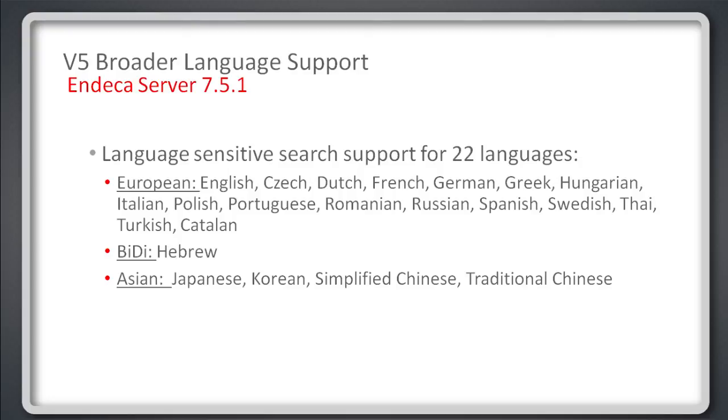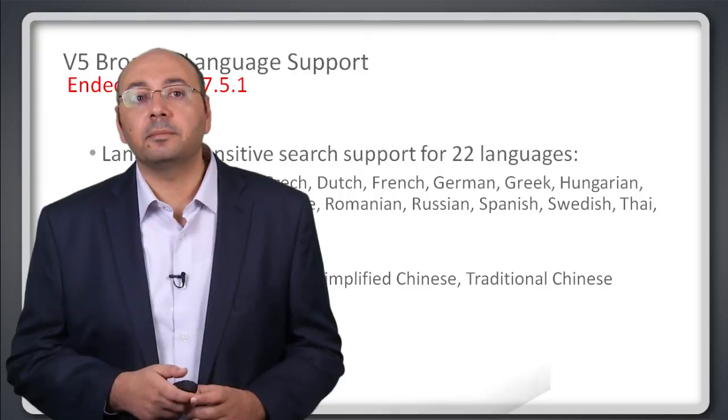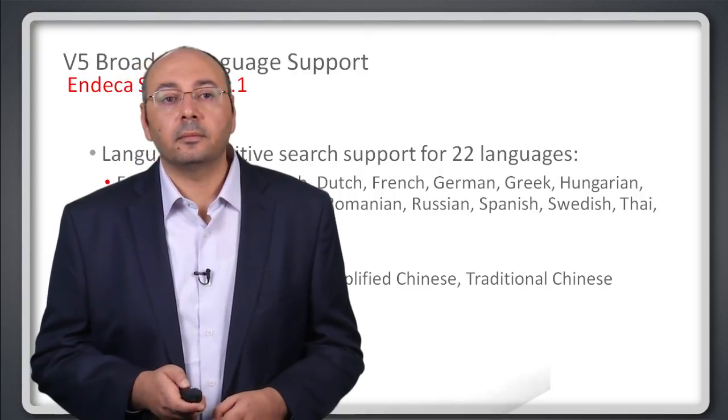Our globalization guide and documentation explain how you can implement that. If you have two languages, for example English and French, then you have to have two EBS Endeca tier instances. So this is additional resources.